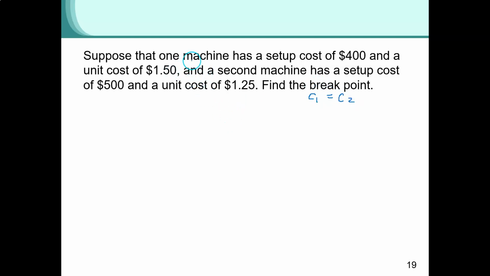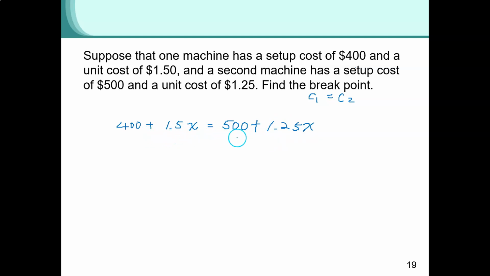So the first cost from the question would be 400, a one-time setup cost, plus 1.5x, depending on how many units the production line produced. That would be the unit cost incurred. It is equal to the second machine, which has a setup cost of 500 plus 1.25x.